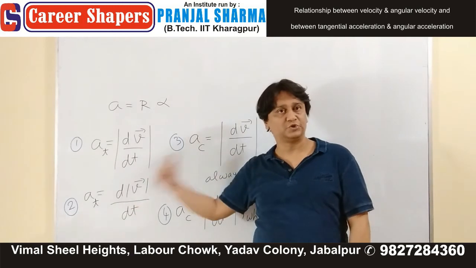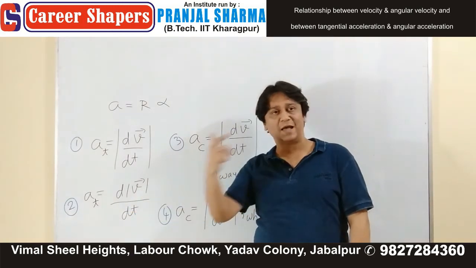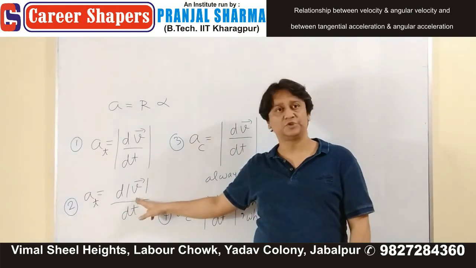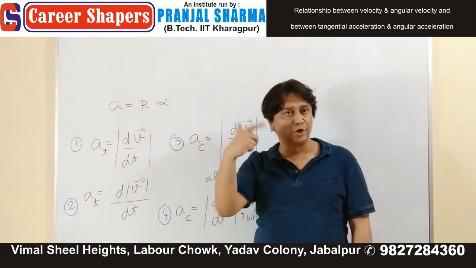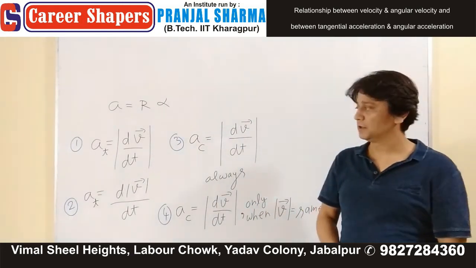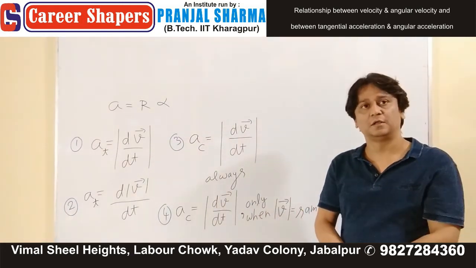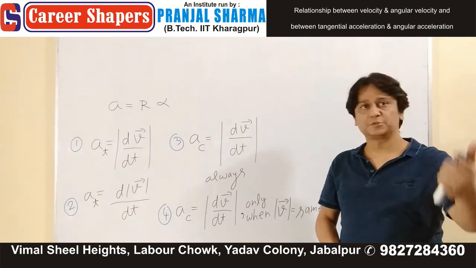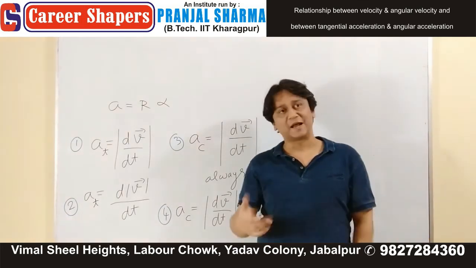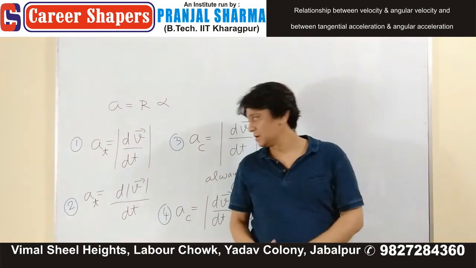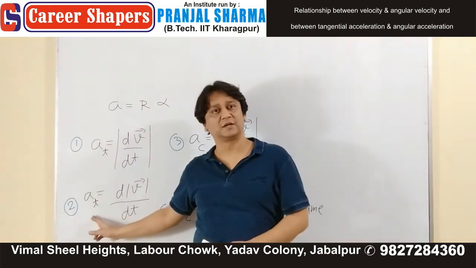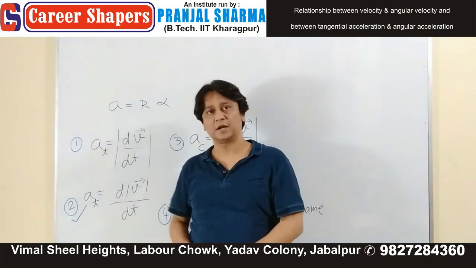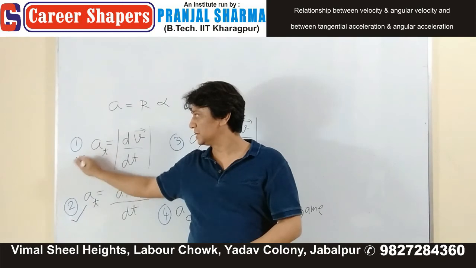Rate of change of magnitude of velocity, which is nothing but rate of change of speed. What is magnitude of velocity? Speed. What does tangential change? Speed changes. Which means second option is correct. First, it is not.